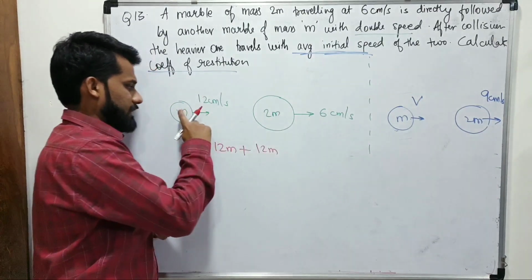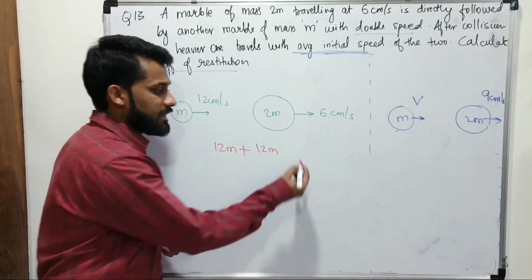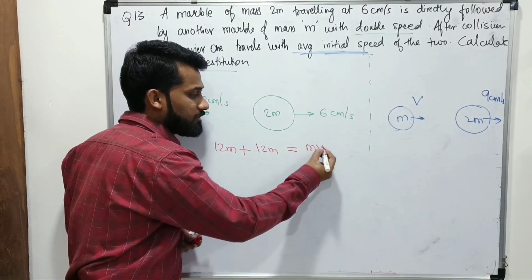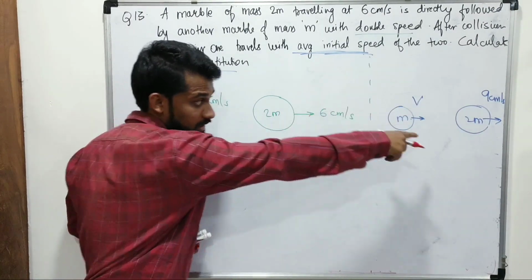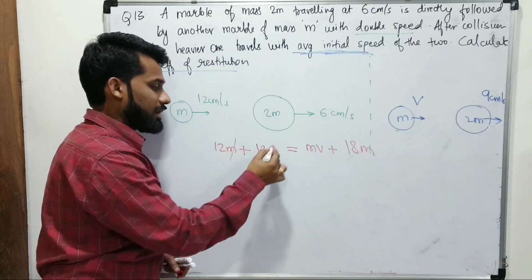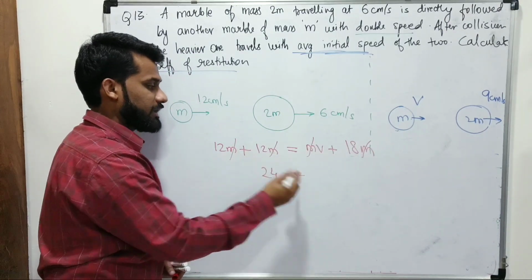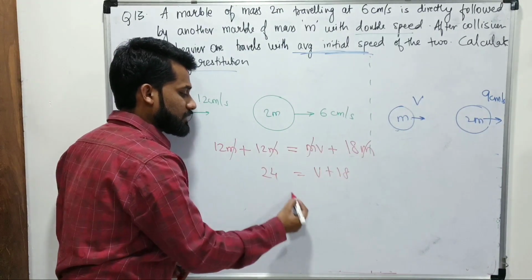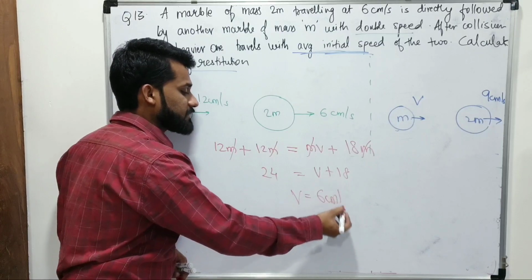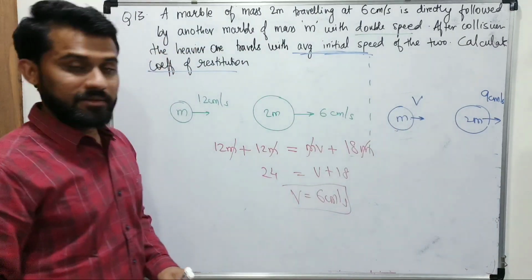No need to convert the units because everywhere the units are same, is equal to m into v plus 2m into 9. 2m into 9 is 18m. So cancelling all m's, this will become 24. 24 is v plus 18. So v is equal to 6 centimeters per second, as the unit was centimeters per second everywhere.